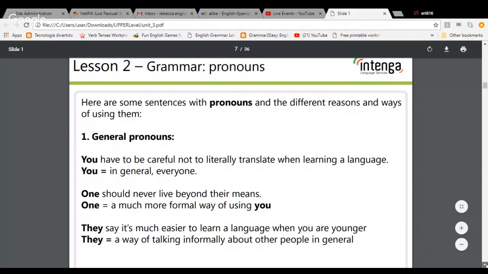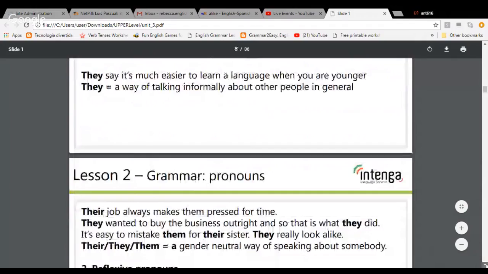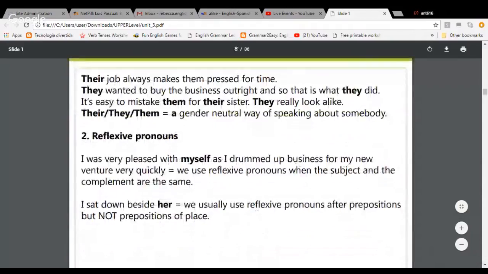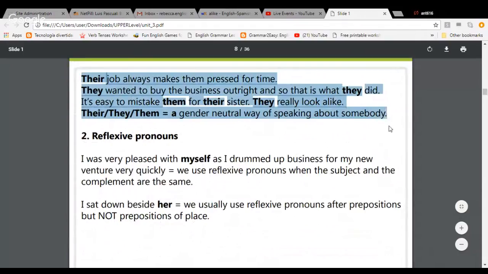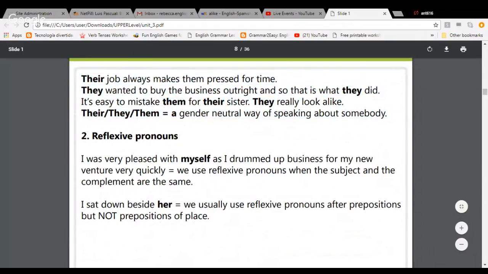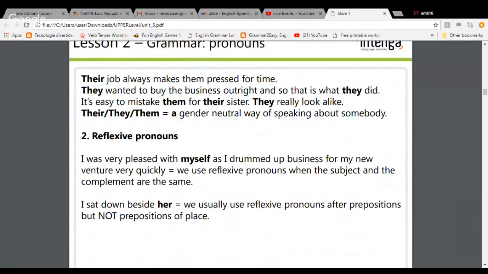So with that, let's go down. Here we go. All right. So why don't you go ahead and read this last part here, just this first part, okay? Their job always makes them pressed for time. They wanted to buy the business outright, and so that is what they did. It's easy to mistake them for their sister.